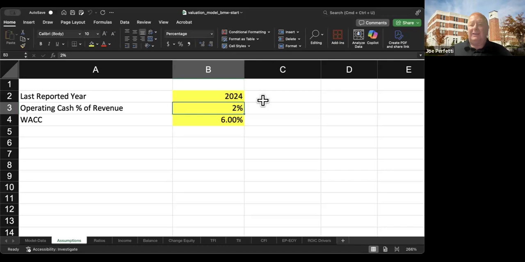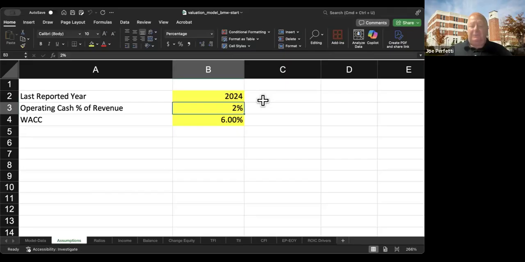And I don't want to accidentally overwrite something in my model that's going to break my model. So what I've done is I'm using the concept of color to say things in yellow are things we can change. If it's not in yellow, you shouldn't be changing it, because you might break the model. Okay, so again, if you want to use different color, you can, but that's the concept of a yellow cell.